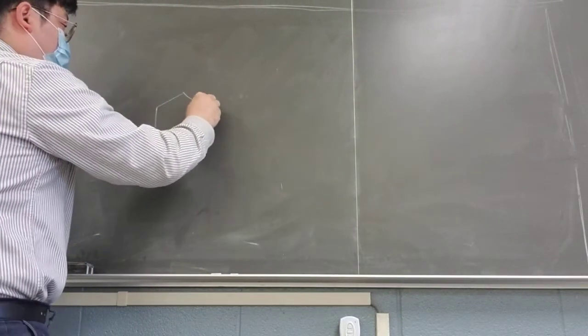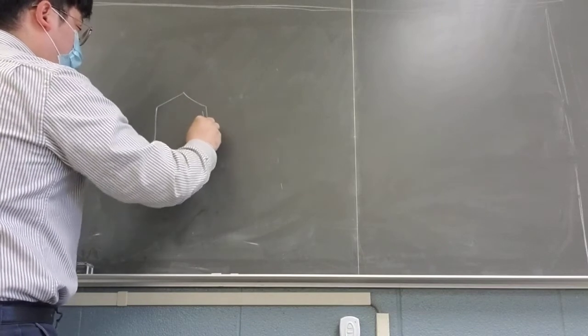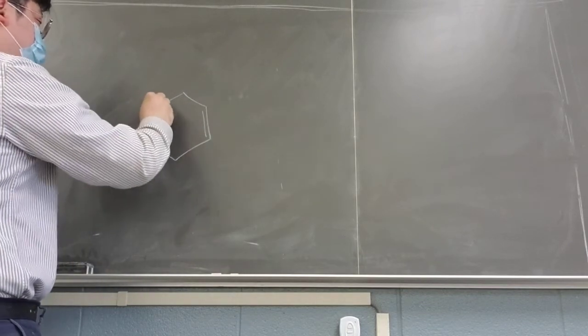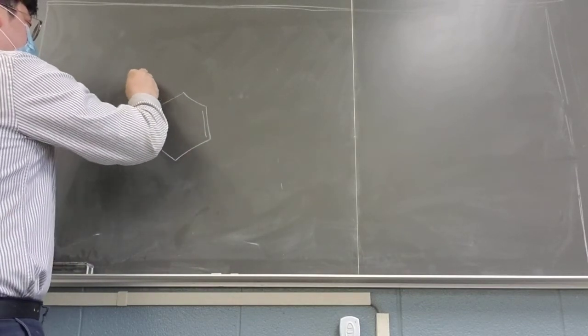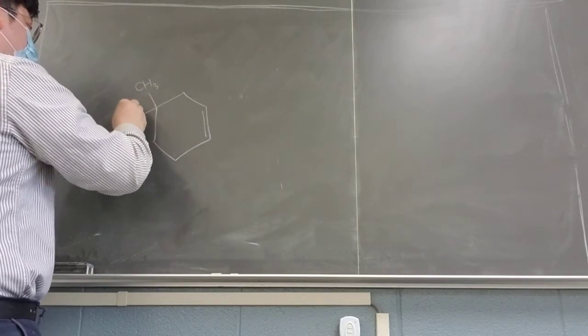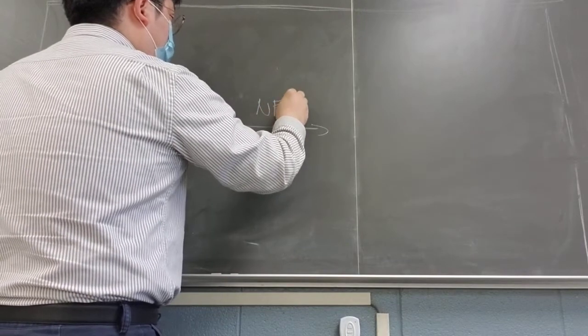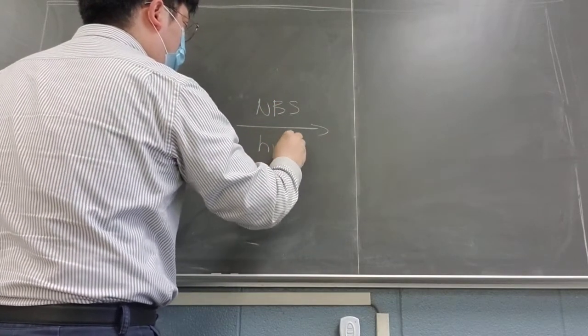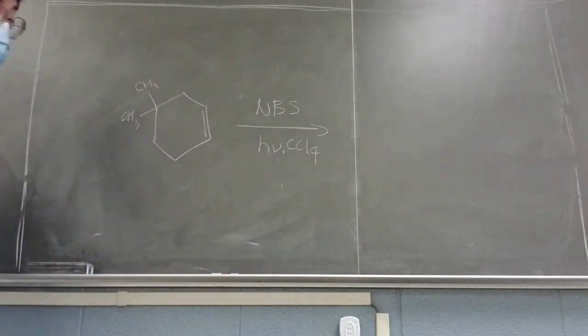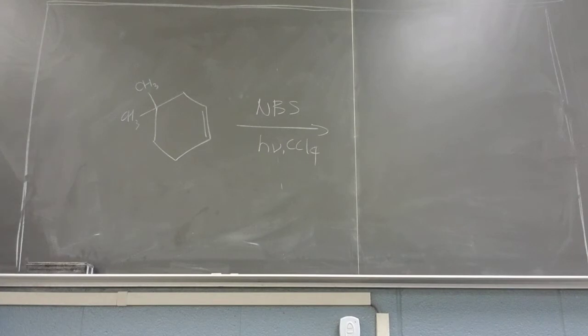Okay, so maybe you can try this one real quick. Actually, I'm going to do this one together. Okay? Don't worry about it. But maybe you can try. Maybe you can try this one. The only thing you have to remember is allylic positions.